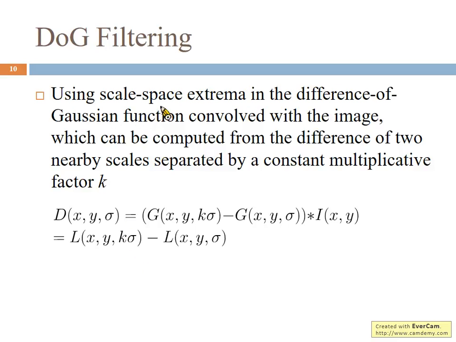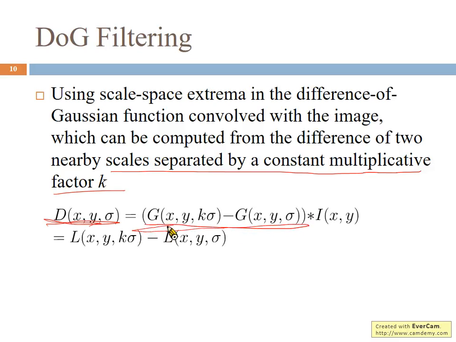We use scale space extrema in the difference of Gaussian function convolved with the image, which can be computed from the difference of two nearby scales separated by a constant multiplicative factor k. So we calculate the difference of Gaussian and then convolve it with the image.